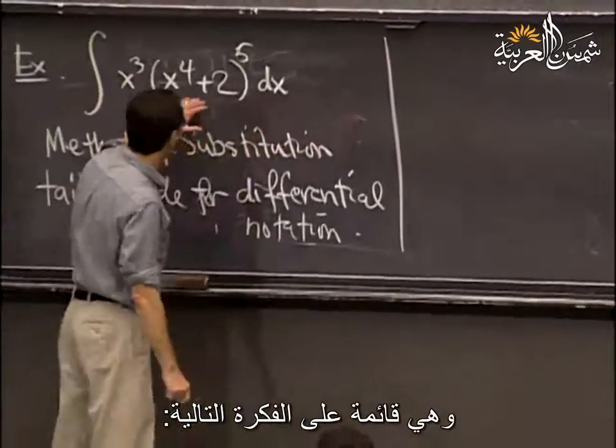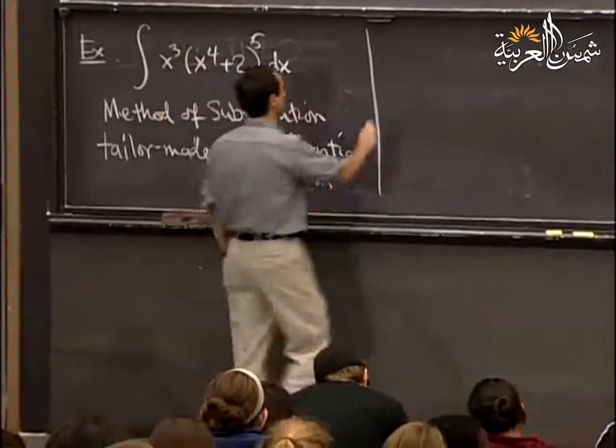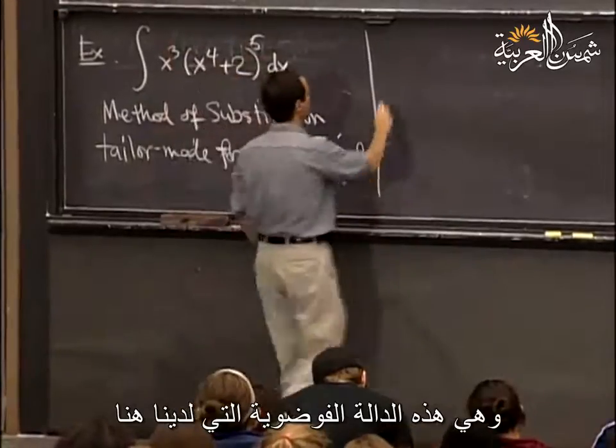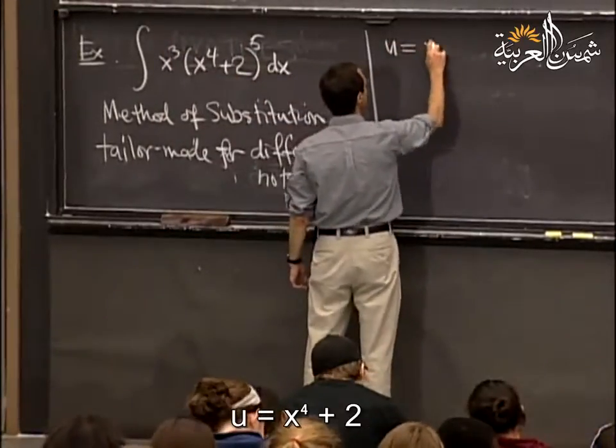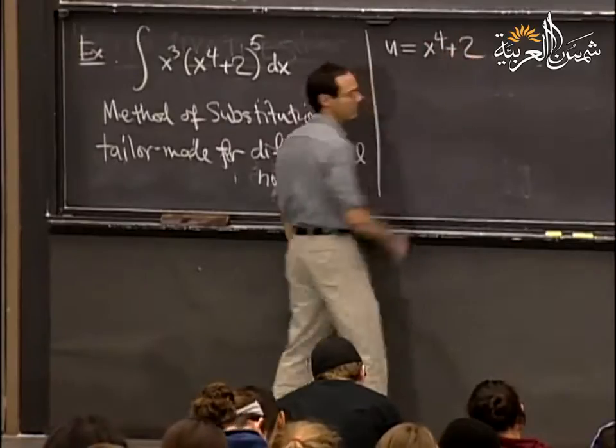The idea is the following. I'm going to define a new function, and it's the messiest function that I see here. It's u is equal to x to the fourth plus 2.